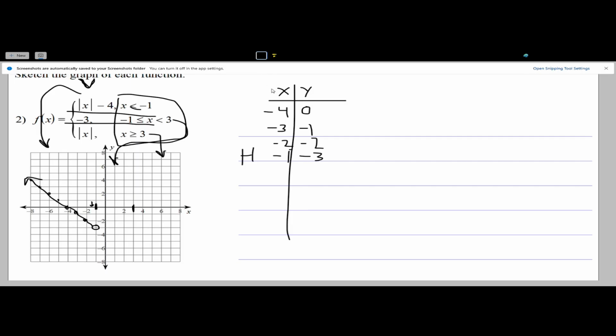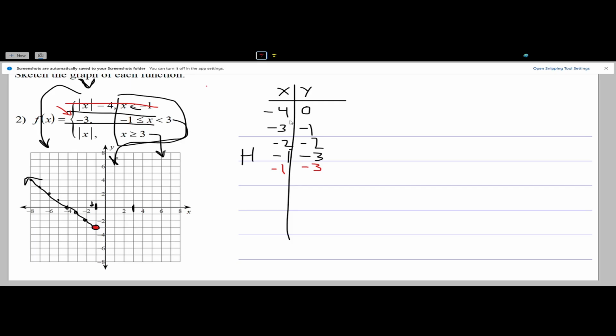Now let's go ahead and start our next equation. This equation's finished, so now it's time to start this one. The great news about this one is once I do -1 again for my new graph, it's going to be -3. Now the interesting thing is if we notice these 2 points are exactly the same. So how do we show that? We actually show this as if it never stopped. We're going to fill in that dot right there.